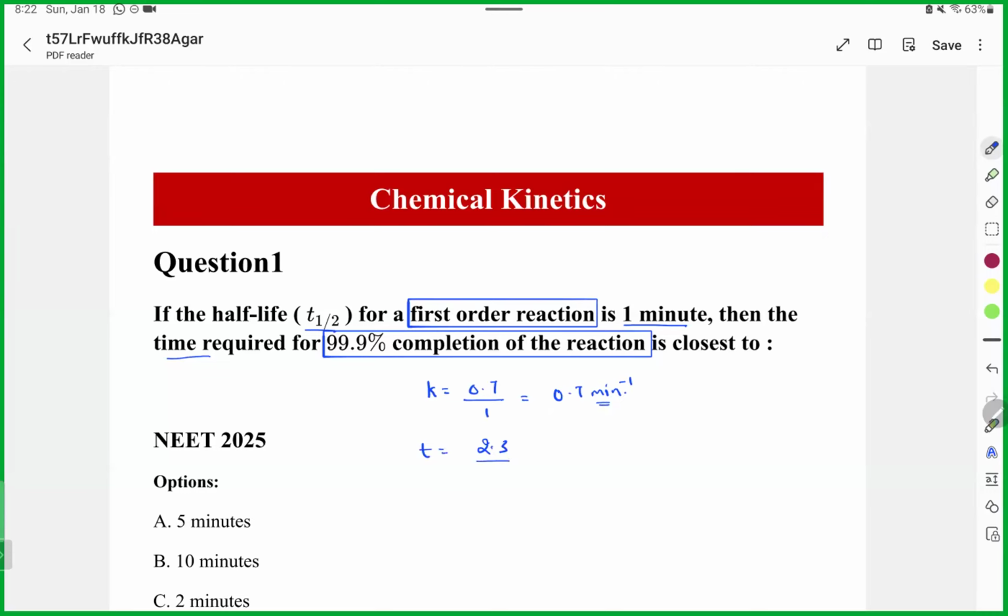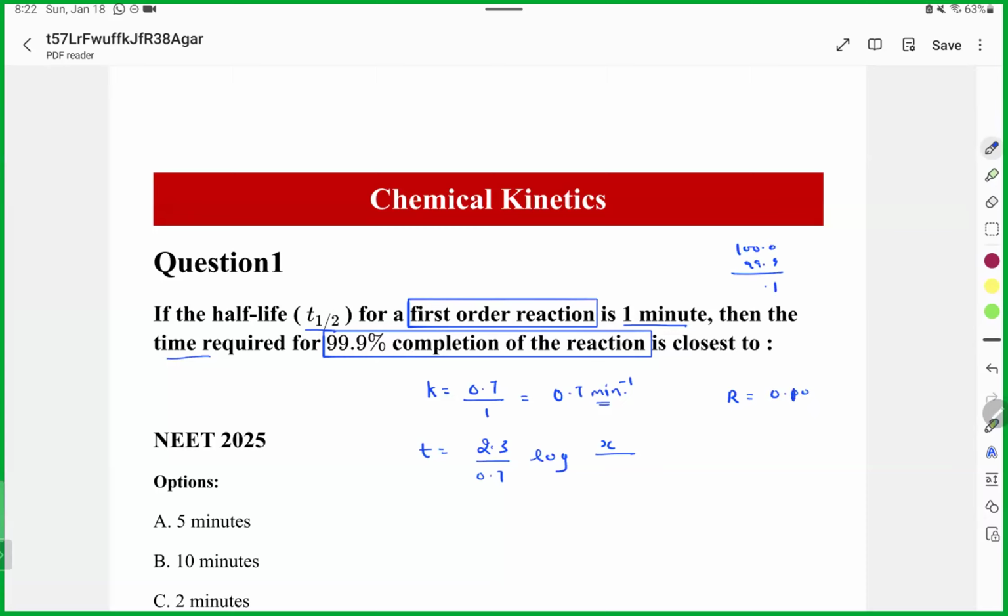2.3 divided by 0.7 log. Here, let's take the initial as x. What will be the final value? What is 100 minus 99.9? 0.1, no?